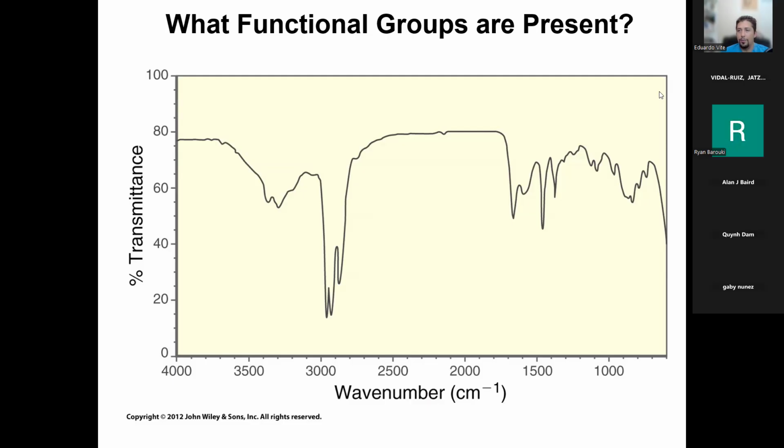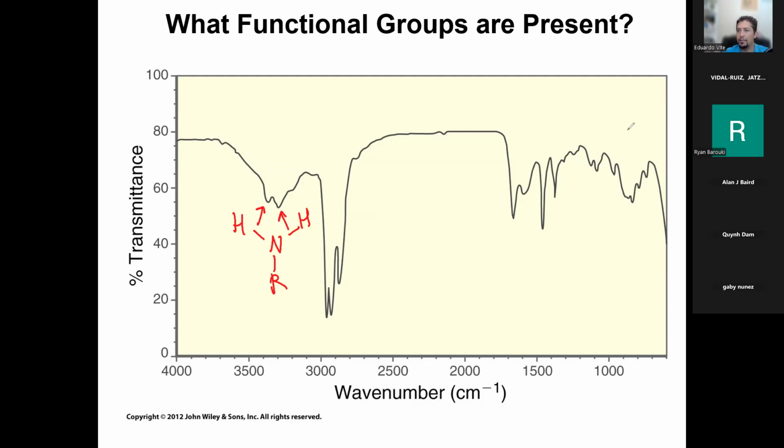So Annie said from 3,300 to 3,500, primary amine. Correct. Yes. There are two weak signals around the same area as you would expect to find the hydroxyl, but they're weaker, so they correspond to NH. So this is an NH2, right? This one is this one, this one is this one, and it's a primary amine, so there's only one nitrogen carbon bond. So yes, make sure you're specific, primary or secondary.